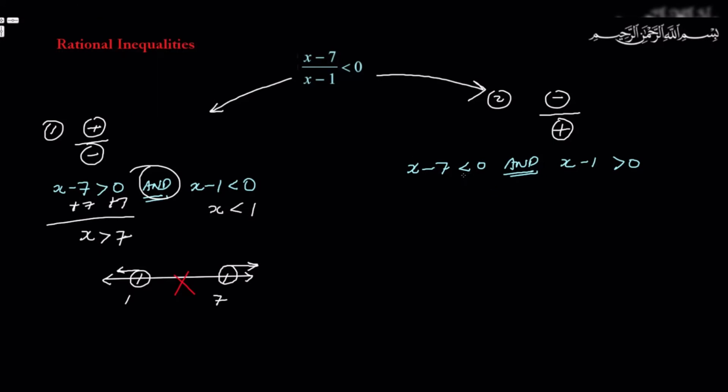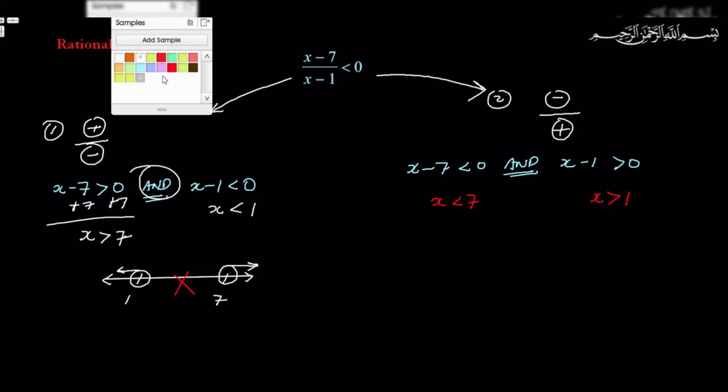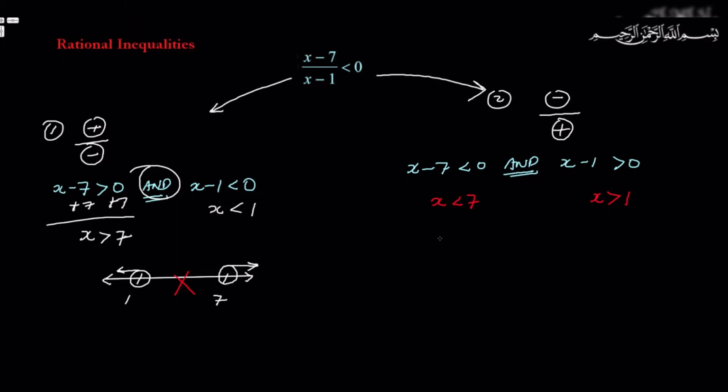If you solve this by adding 7 to both sides, you get x is less than 7, and at the same time, adding 1 to both sides to solve this one, x must be greater than 1. Then if you graph this one, let me graph this over here like this.